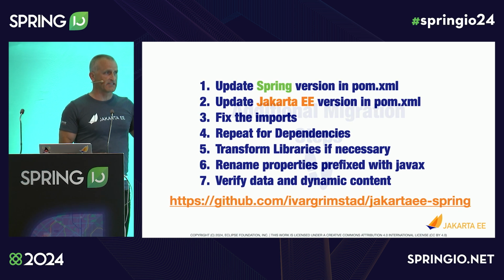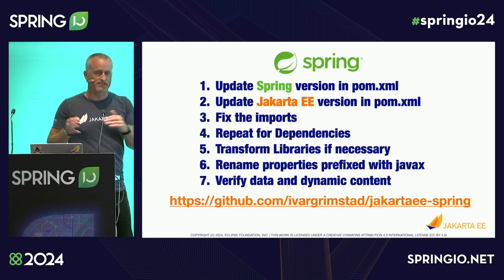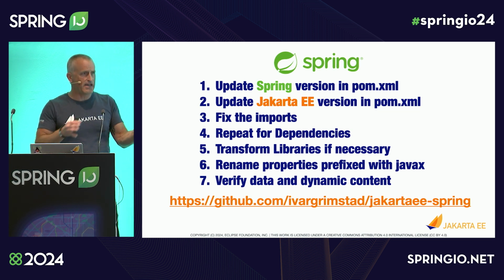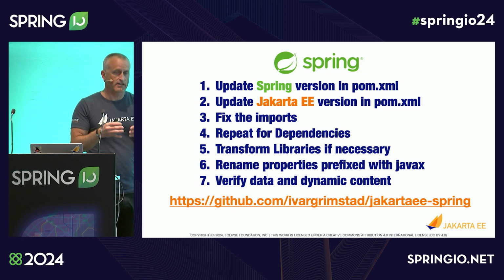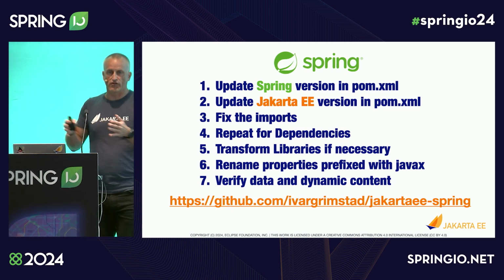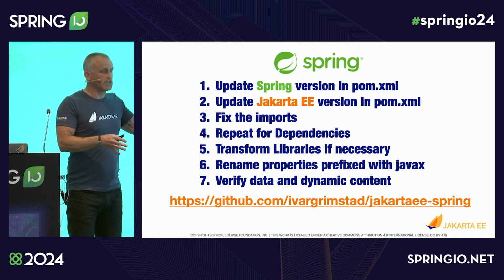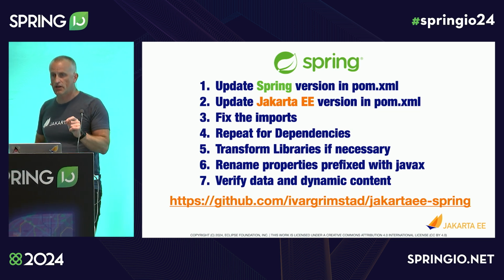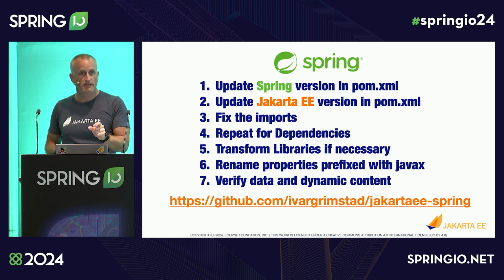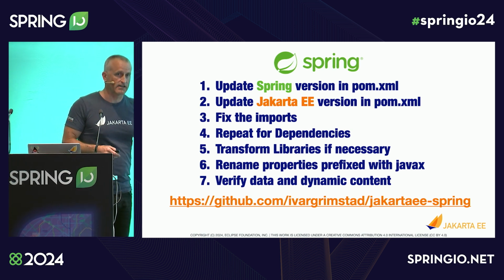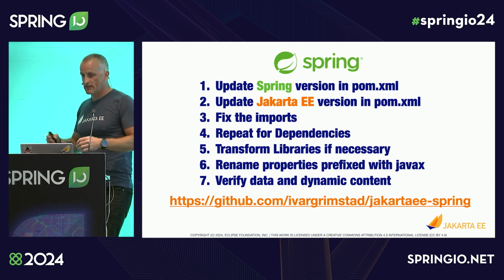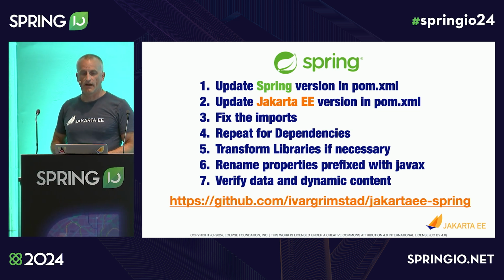These are not necessarily that easy to find, and not necessarily that often found in Spring applications, but you may have configured some persistence caching using the javax caching strategy for Hibernate, which has to be renamed to Jakarta caching strategy, because the namespace is not only the packages, it's also properties and XML namespaces and whatnot. So everything javax that is related to Jakarta has to be renamed.